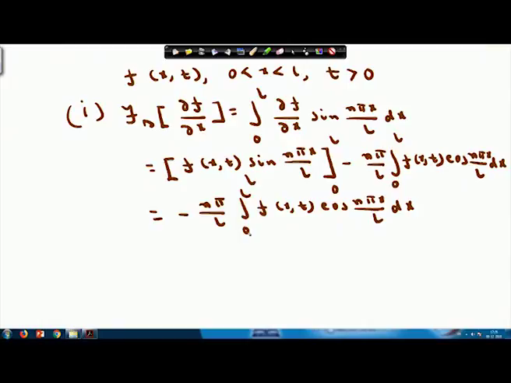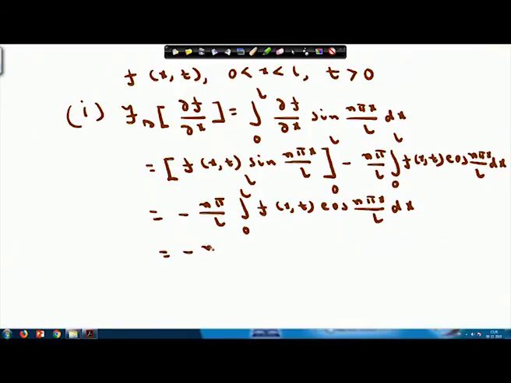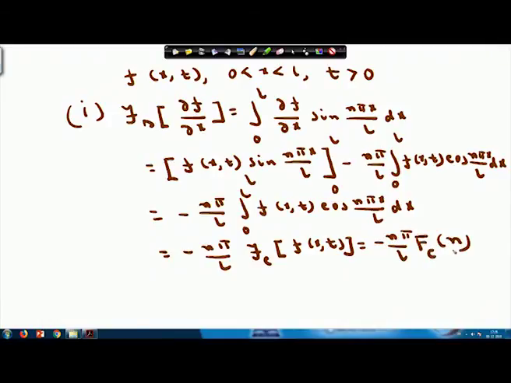Whenever you are writing the integral from 0 to L of f of x t into cos n pi x by L dx, this is nothing but the finite Fourier cosine transform of f x t. So you can write this as minus n pi by L into the finite Fourier cosine transform of f of x t, that is minus n pi by L into capital F c of n.